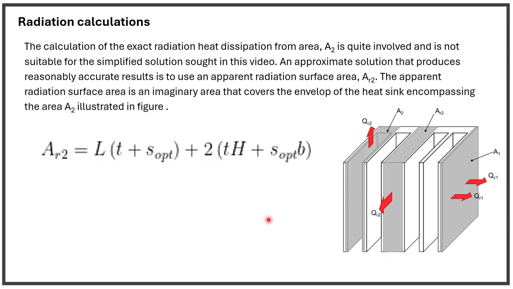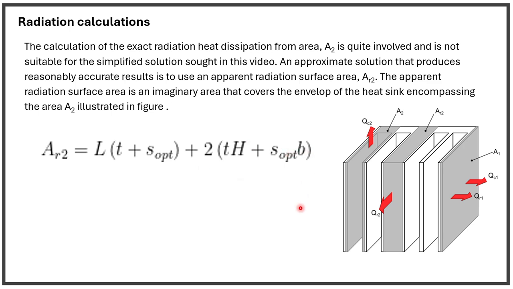So the radiation calculation we have done with the QR2, and for that we need area AR2. Here is the calculation of how we have done it for area AR2. So here you can see AR2 for QR2, and these are the sizes of pins, spacing, length, thickness and height.